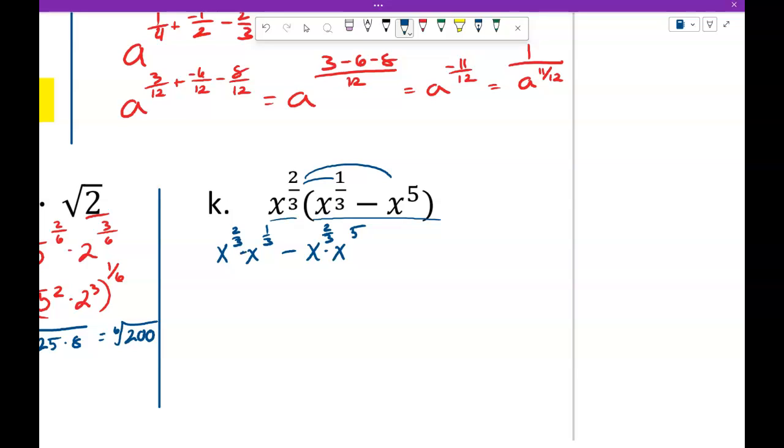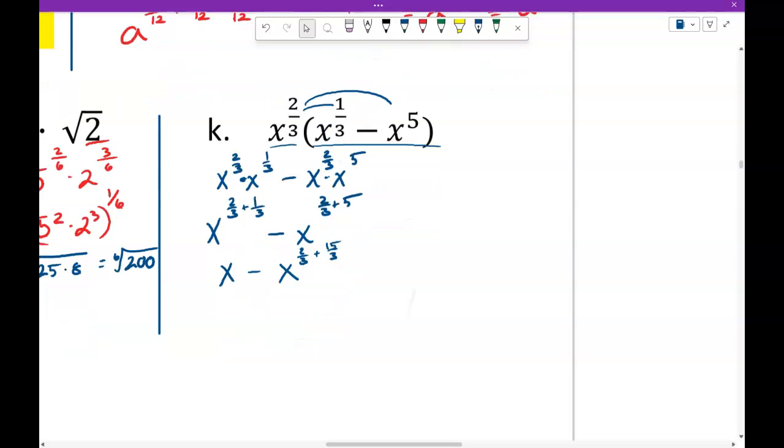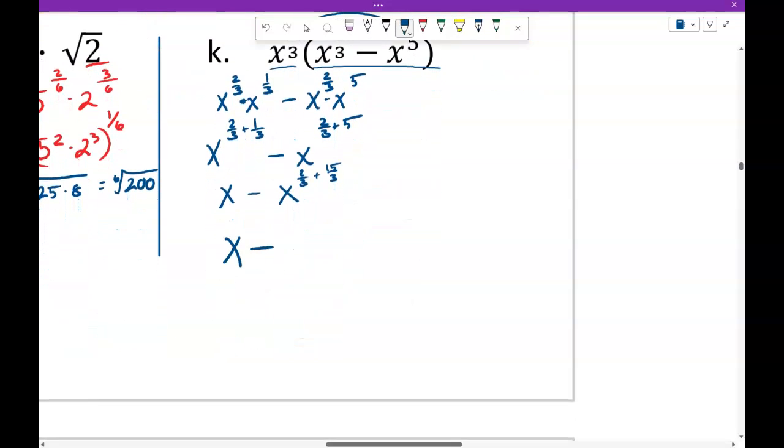Our product rule means that we are going to go ahead and we are going to add the exponents. 2/3 plus 1/3 minus 2/3 plus 5. Well, 2/3 plus 1/3 is just 1, so we have x minus x to the, we need a common denominator, so we'll have 15 over 3, which leaves us with x minus x to the 17/3.